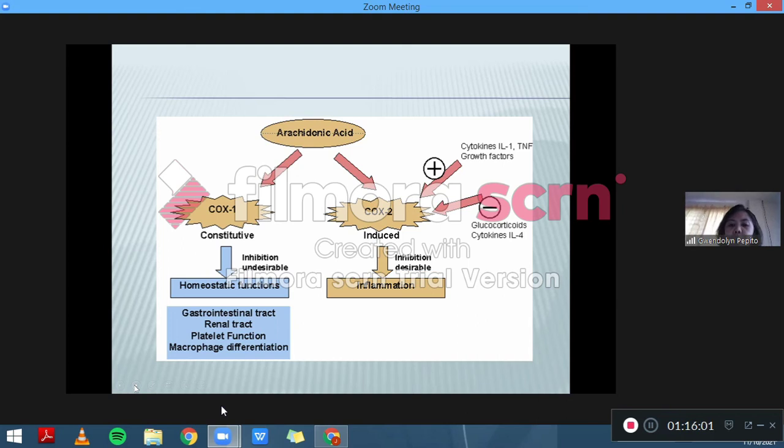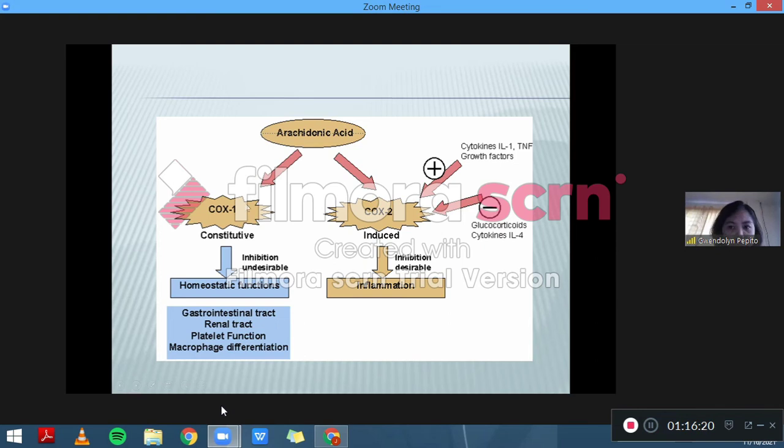So inducing COX-2 can produce inflammation. That's why celecoxib supposedly can prevent formation by both COX-1 and COX-2.